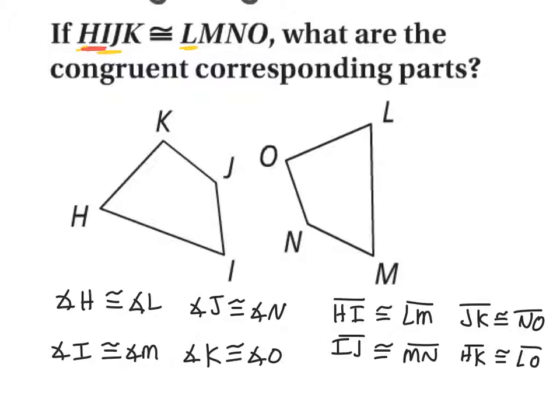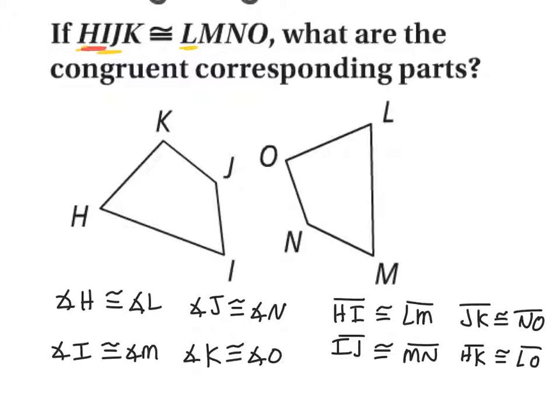No. Well, if they ask me to mark the diagram, or if I want to mark a diagram to help me work a problem, I would simply make sure to use the appropriate number of congruency marks. Remember, angles get little arcs marking the angle.